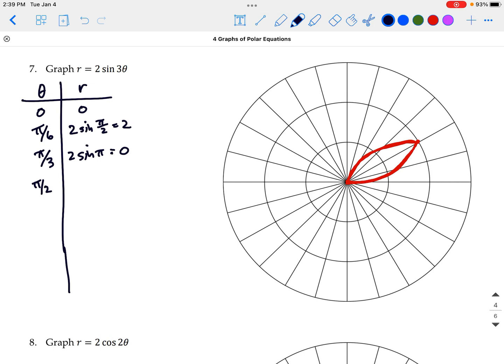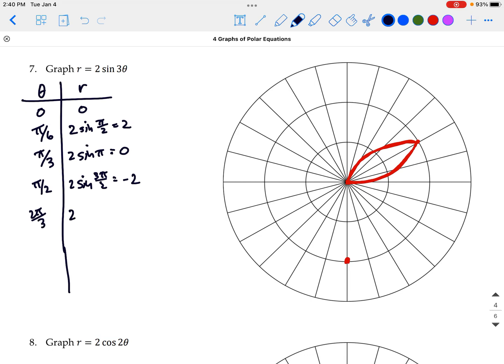So at pi over 2, we'll be at 2 sine of 3 pi over 2. But sine of 3 pi over 2 is going to be negative 1, so that'll put us at negative 2, which means at pi over 2, we're going to be in the opposite direction. Okay, so let's go ahead and keep going here. Actually, let's do 2 pi over 3 first.